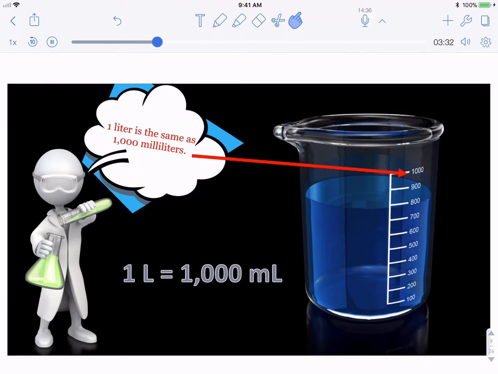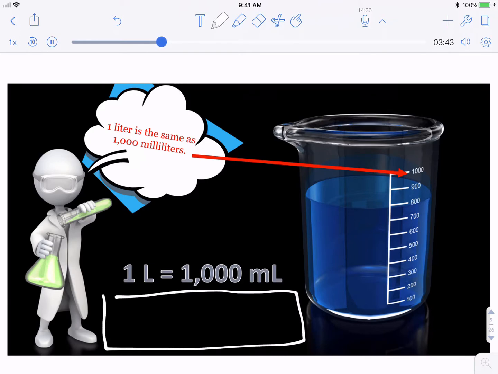How many more? I have 800. How many more milliliters do I need to make a liter? Go ahead and write the answer on the slide. One liter is the same as 1,000 milliliters.